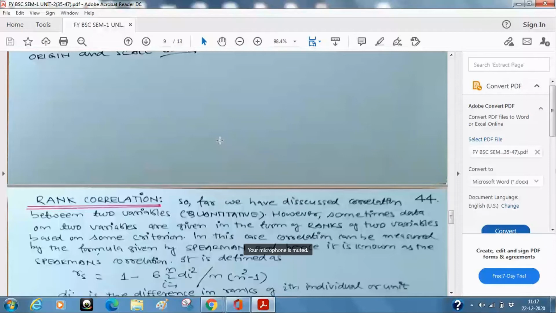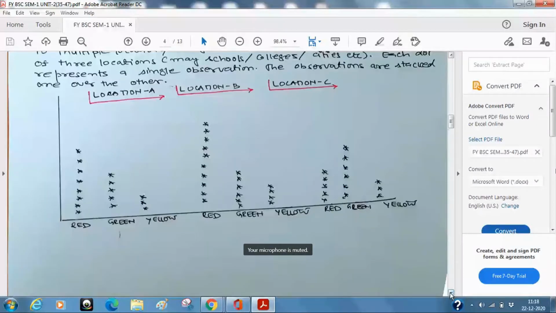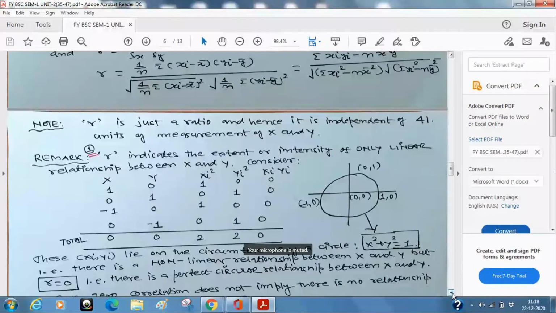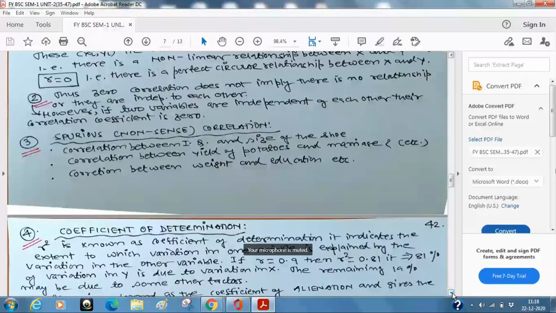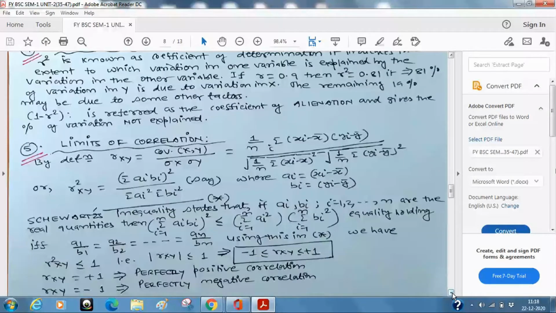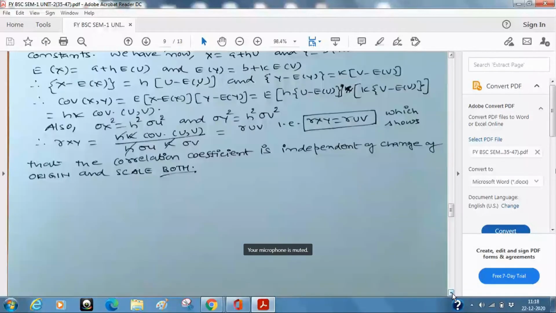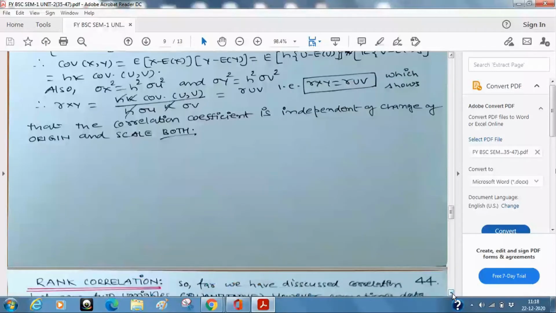Can anyone from the class give me an example of data which is qualitative? Did you understand the question? Please give me any example of qualitative data.